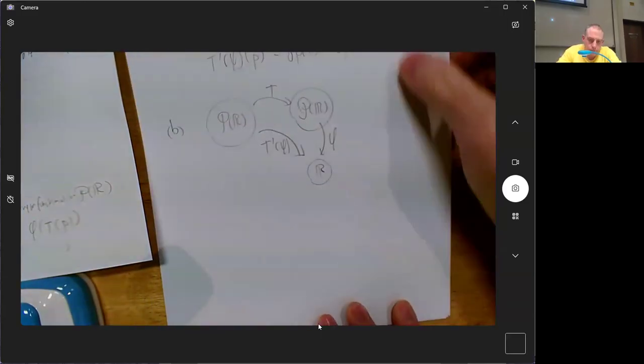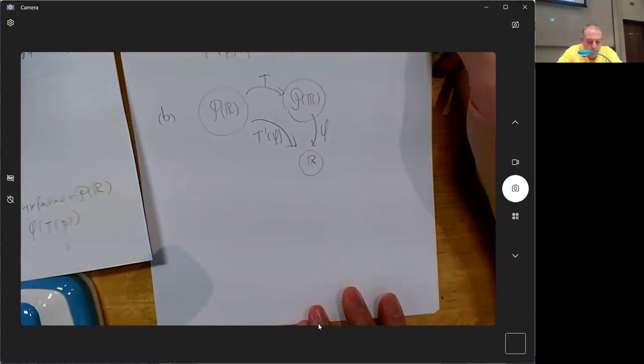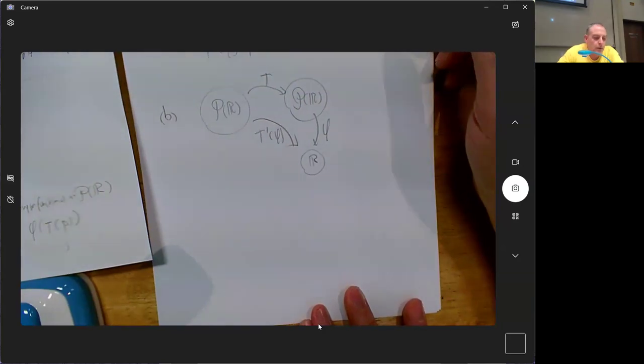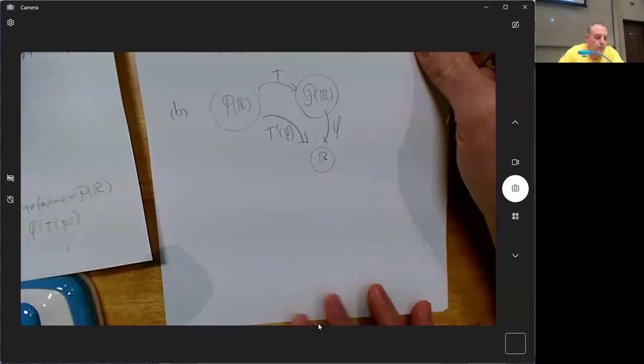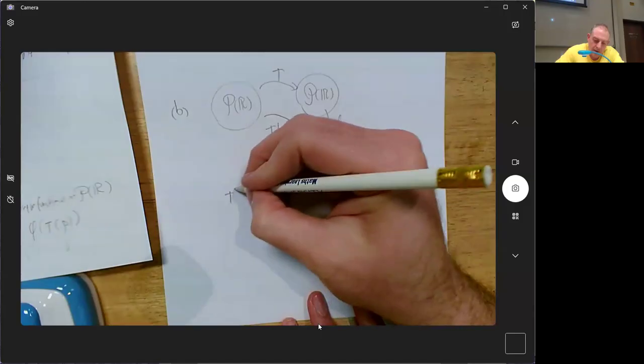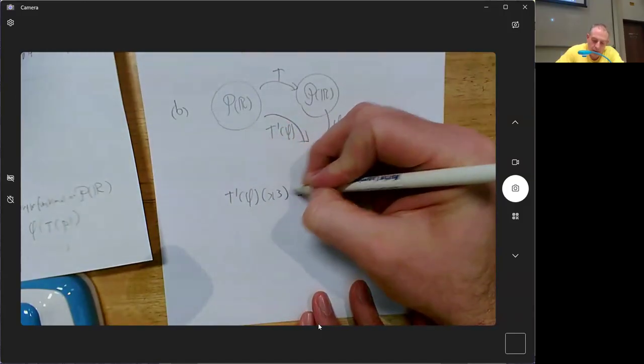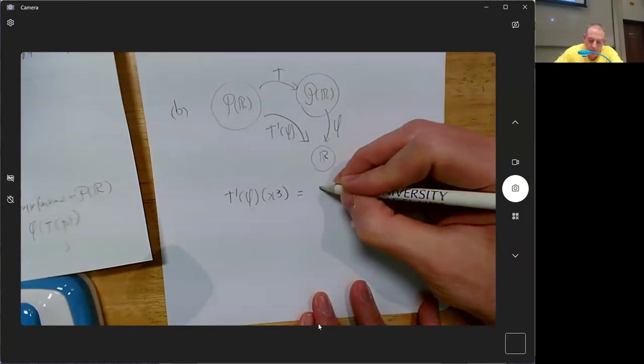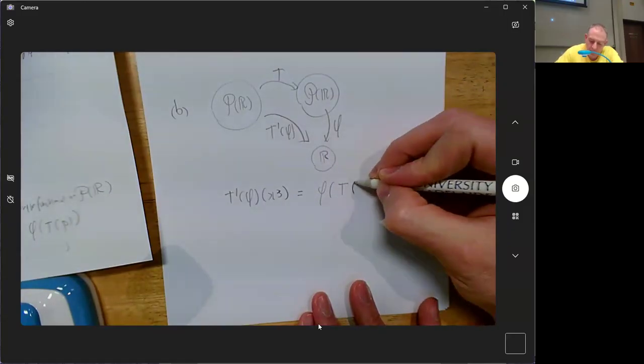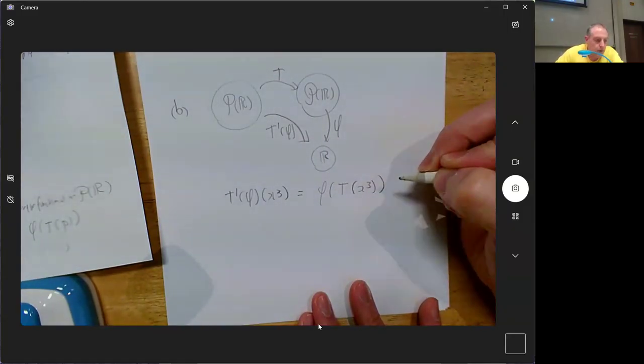Okay. So, T dashed of phi of x cubed is going to be phi of T of x cubed. Yep.